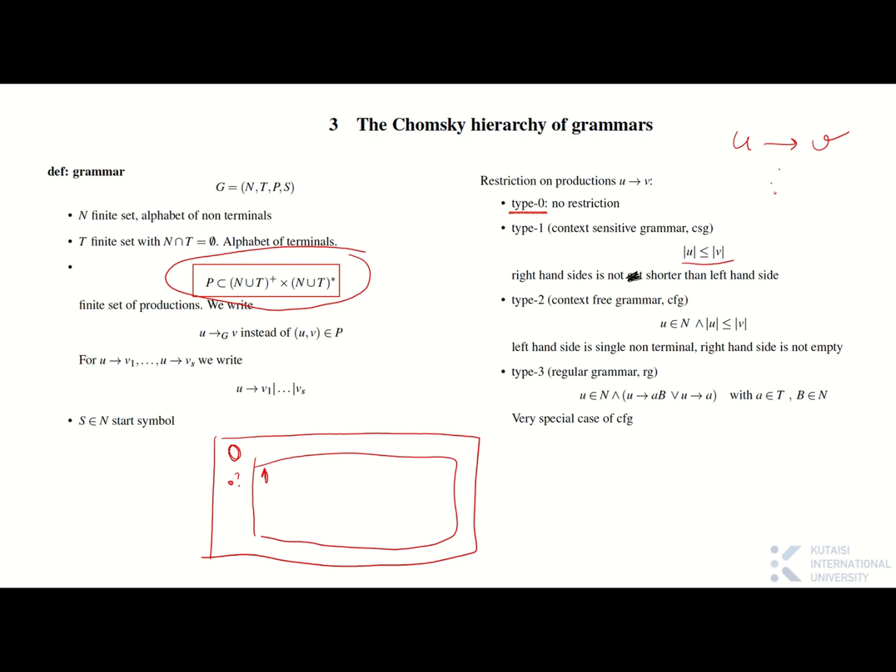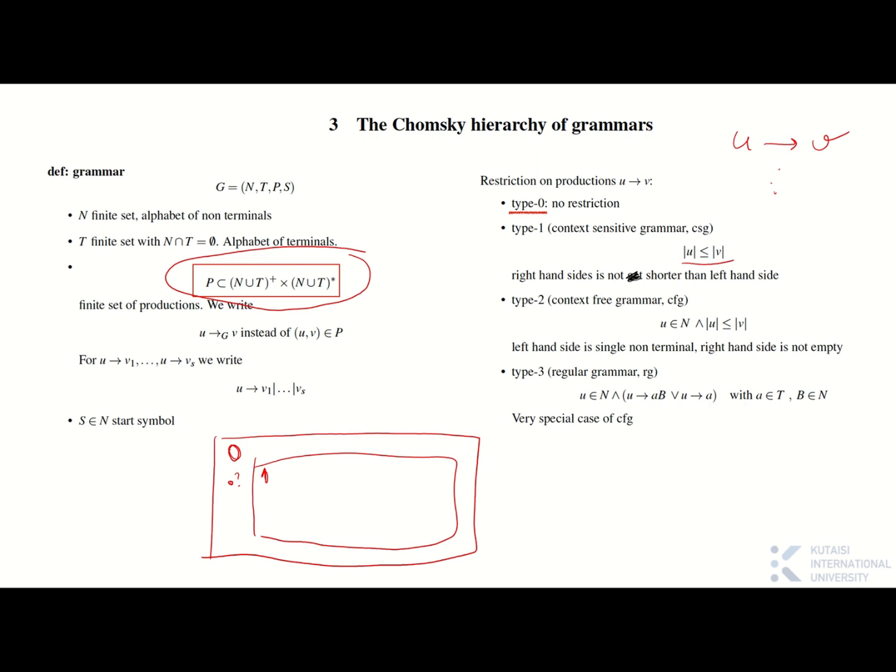So you do not know that this inclusion happens, but let's draw it anyway. Every production consists of two strings, and the left string is shorter than or equal to the right one. So that is context-sensitive.